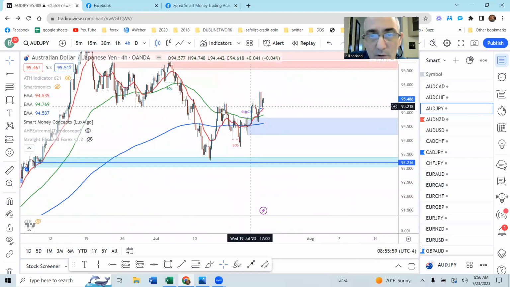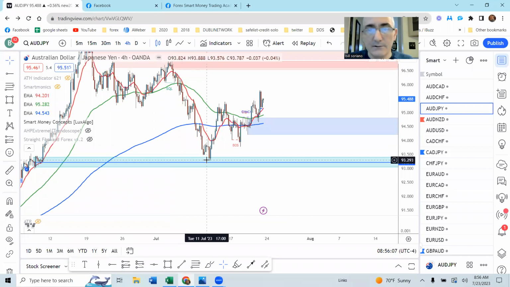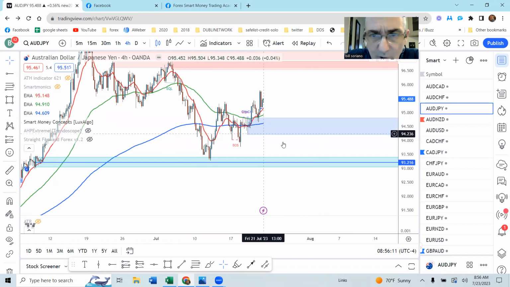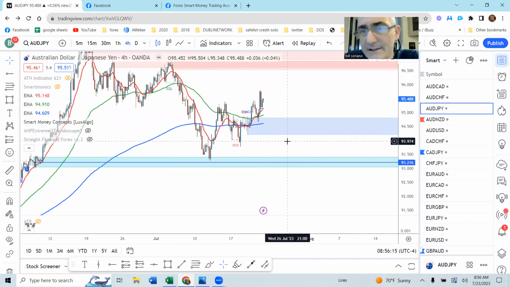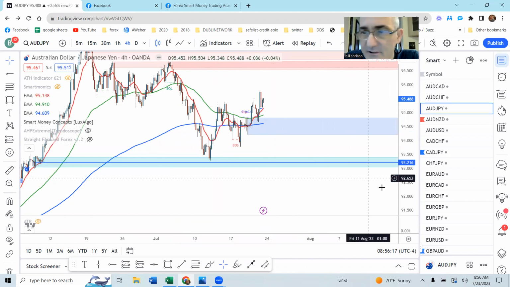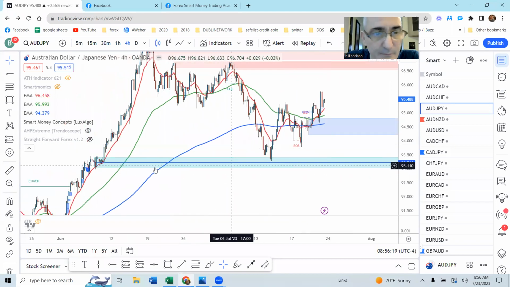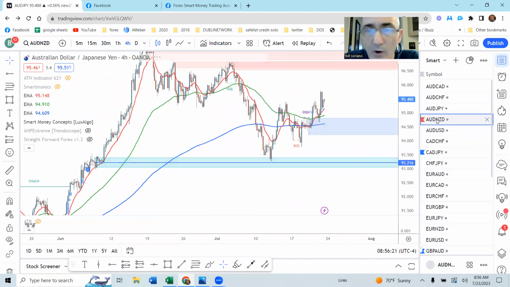I'm not real fond of this move up here inside of this bigger move down. I don't want to select this order block here because I don't like the candles inside of it. So we're going to just stay with what we have marked up here from last week and move on.